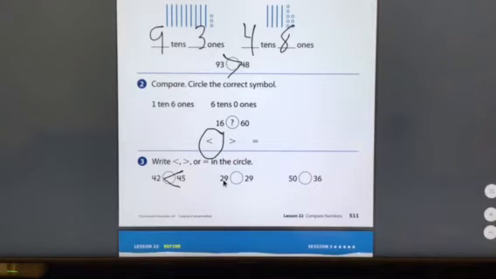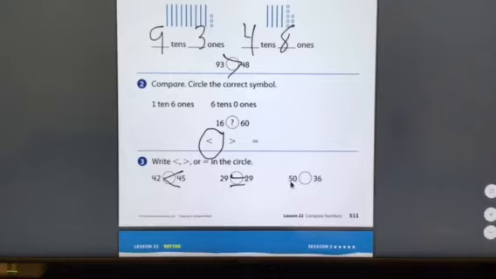Here you have 29 and you have 29. Remember, when the numbers are the same, they are equal to. That is correct. You should have an equal symbol right there to show that 29 is equal to 29. And last, we have 50 and we have the number 36. First, we look at the tens.